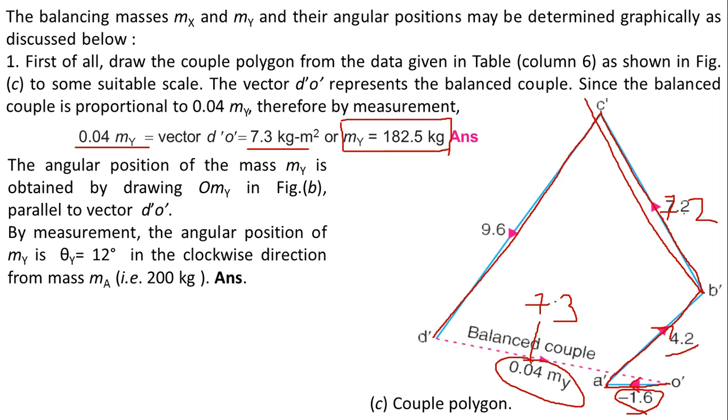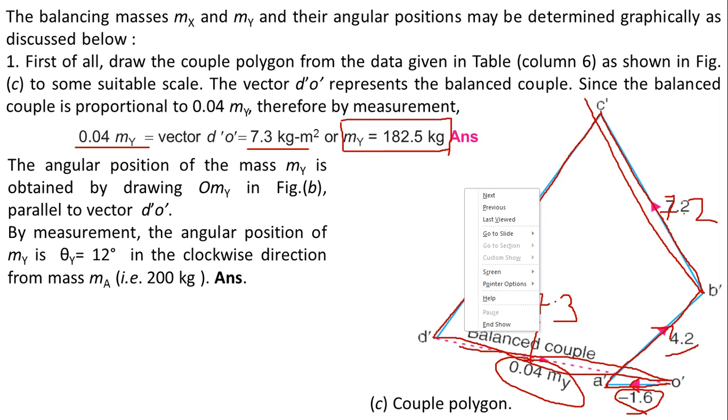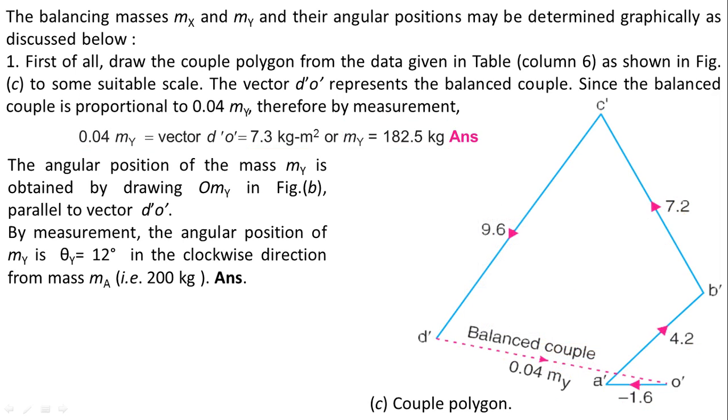Similarly, if you want the angular position, you know the angle also, because you have drawn the balance couple line. Take this same thing, my, whatever you have drawn here, and now draw this line parallel to this vector D dash O dash in figure B. Go to figure B, take this line parallel and draw it parallel to this vector D dash to O dash.